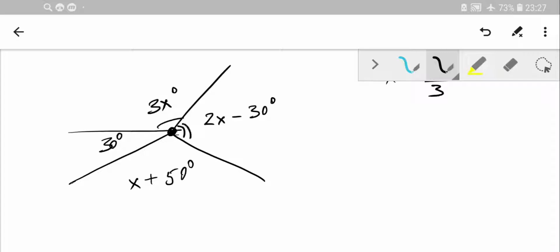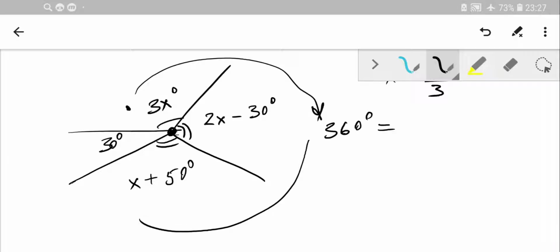Okay, so you have different angles. So what to do? All right, you arrange just 360 degrees from here, and you'll find the value. So I start counting from this one, let's say clockwise.